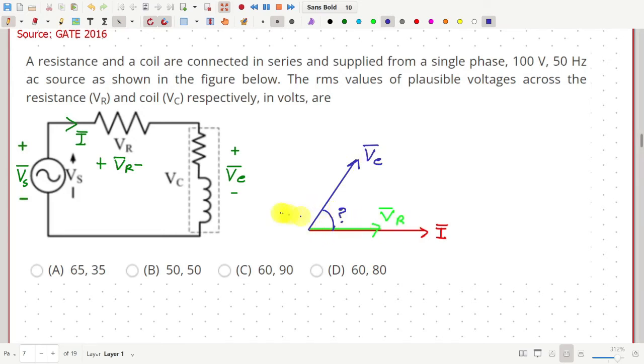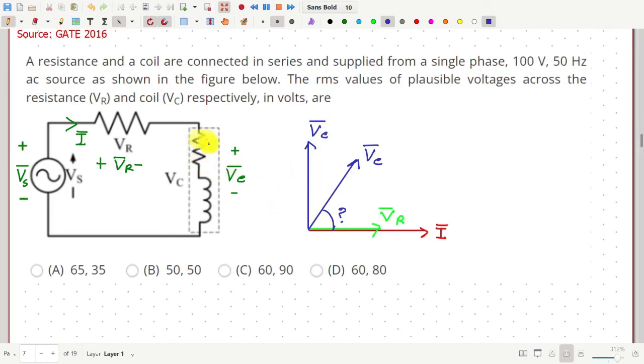Now, how much will be the angle between this coil voltage and the coil current? That depends on the values of this coil inductance and coil resistance. If the inductance of the coil is much higher compared to the coil resistance, in that case the voltage VC will lead the current almost by 90 degrees. But it cannot lead the current with an angle more than 90 degrees.